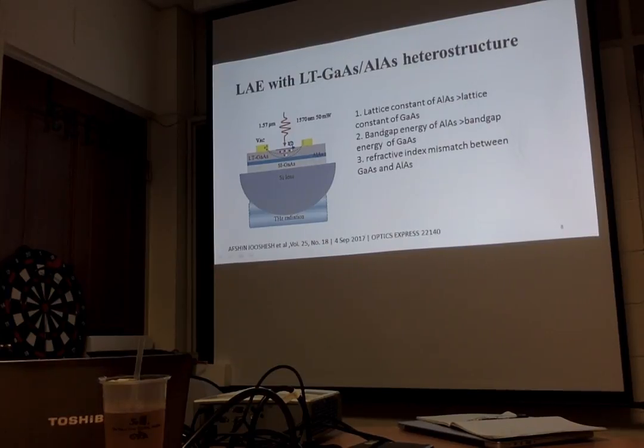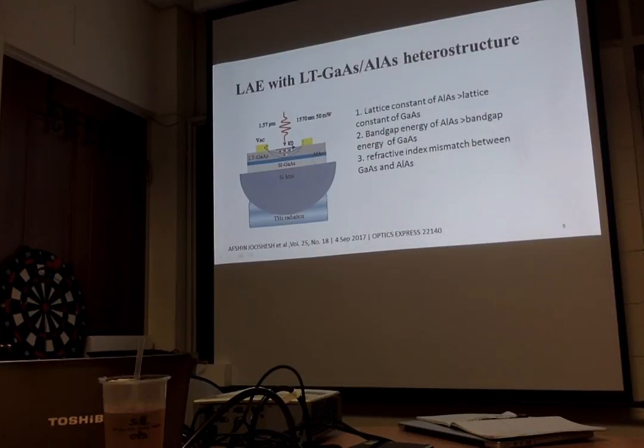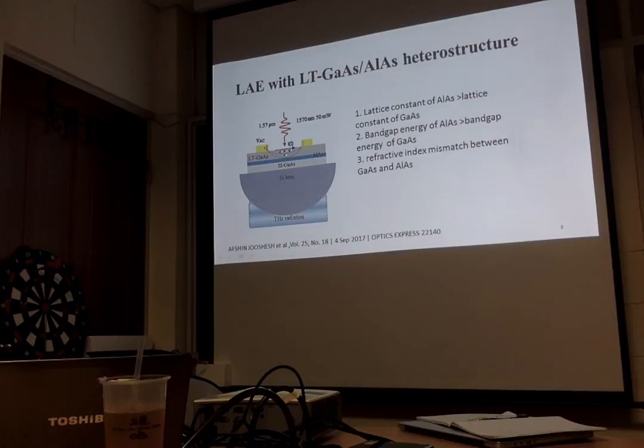Anyone has a question? So how come they deposit the aluminum arsenide between two gallium arsenide layers? Okay. How come they deposit aluminum arsenide between two types of gallium arsenide? You mean is lattice constant mismatch?